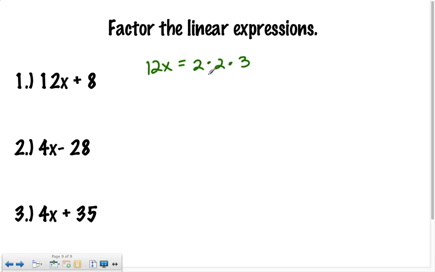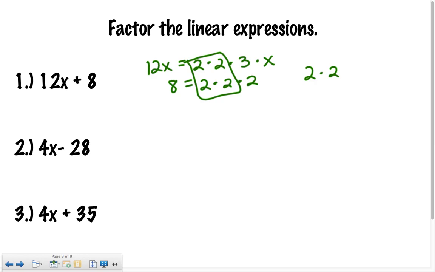Remember, these have to all be prime numbers. And then our x, and then we're going to break apart our 8. And 8 is 2 times 2 times 2. 2 times 2 is 4, times 2 is 8. So we have a set of 2's that occurs in both of them. So I'm going to circle that. And I'm going to bring out the common thing that happened, which is the 2 times 2.